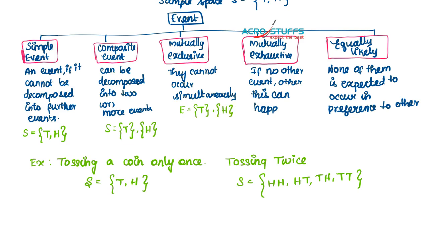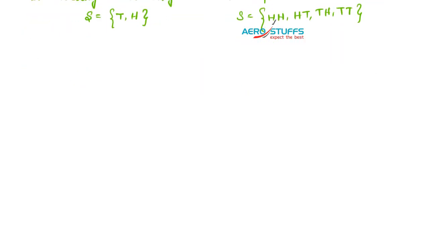So in case of a composite event, what will happen? You can again split it into head and tail. But in a simple event, you cannot split more than that, right? So this example will suit every event that I have explained earlier. When I do the problem, I can explain it still more clearly.